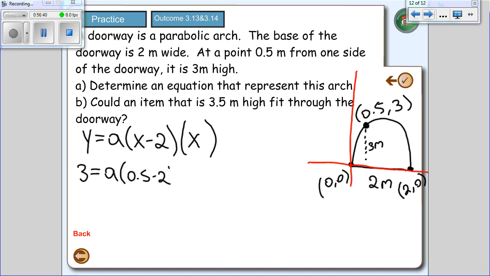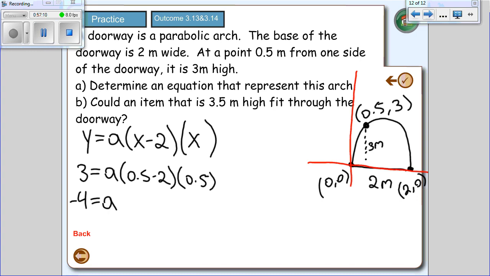All I did was simplify this, multiply together, and then divide it to the other side. Put that negative 4 in for a, that's your equation. It didn't ask for a specific form. So my answer is y equals negative 4 times x minus 2 times x. That's an equation. It represents this arc.